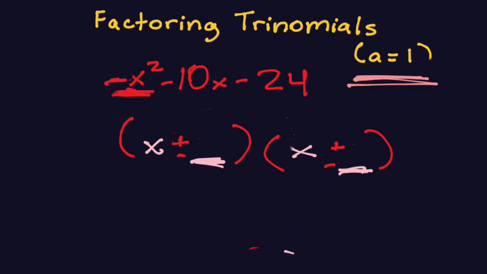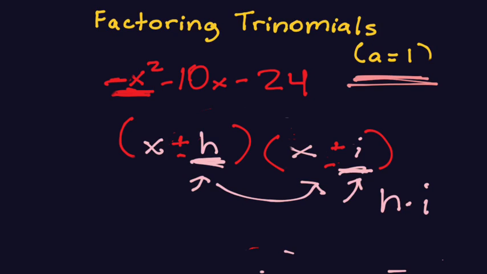Let's call it, I don't know, h, and let's call this I. Okay, so you're looking for h here and you're looking for I here. What's important to know is that h times I is always going to multiply together to equal this value right here. So this is the c value, it's negative 24. H times I must equal negative 24, okay? That is something that you need to know when figuring out your h and I in this case, or your second component.